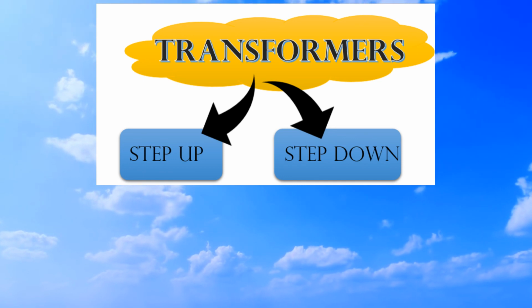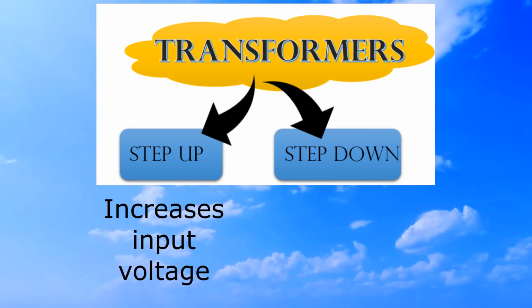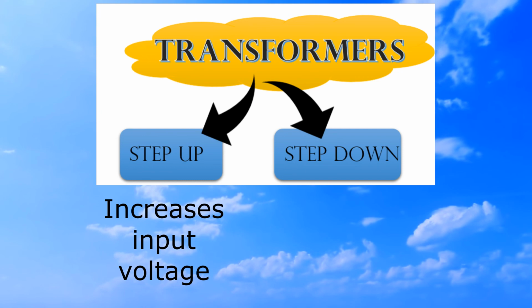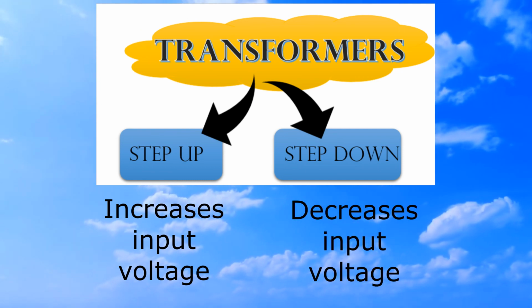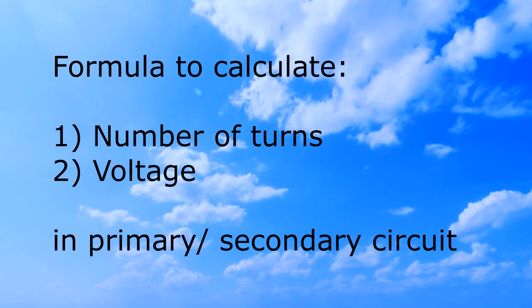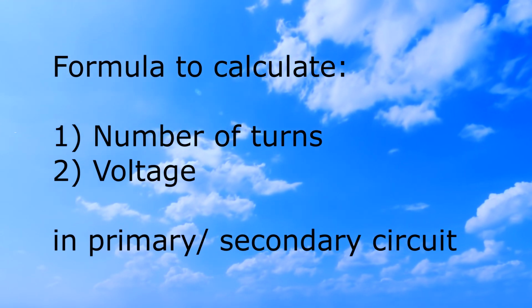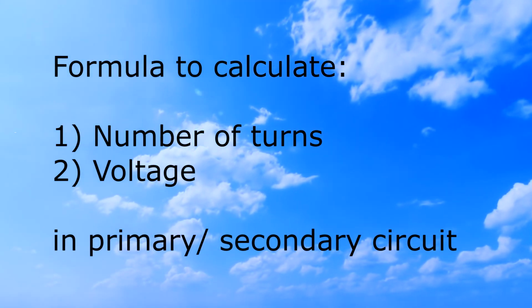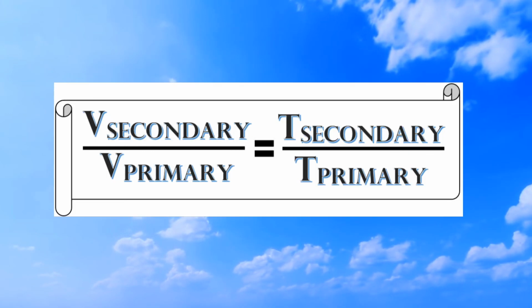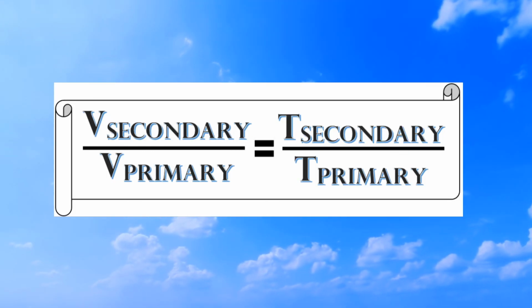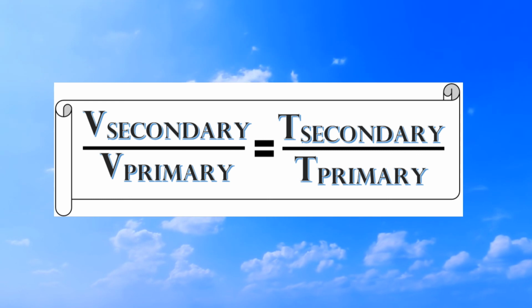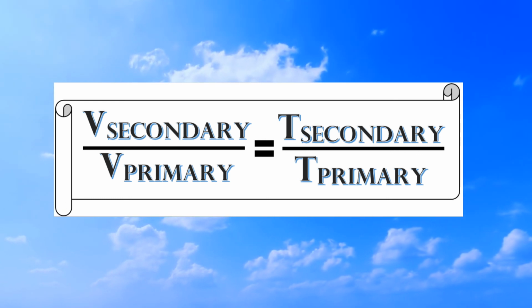There are two types: a step-up transformer that increases the input voltage and a step-down transformer that decreases the input voltage. Here we also looked at the formula to calculate either the number of turns or voltage in the primary or secondary circuit, which is V secondary over V primary equals T secondary over T primary.